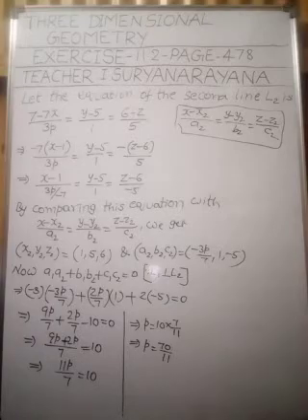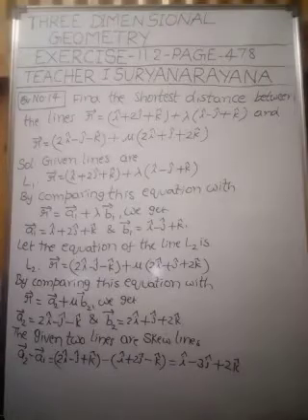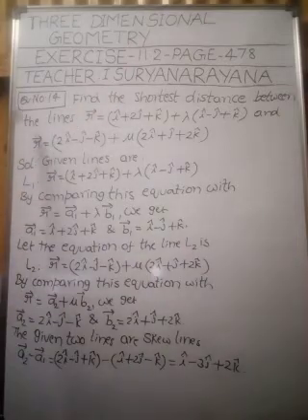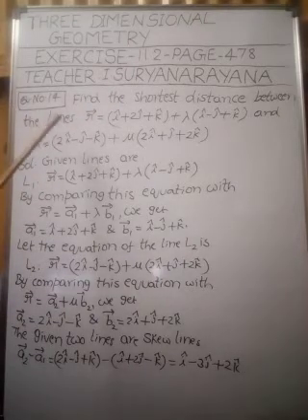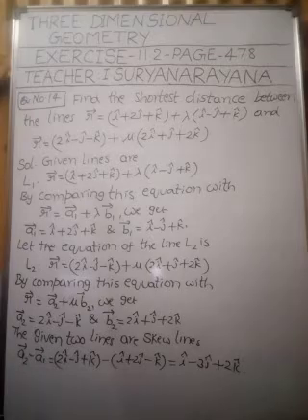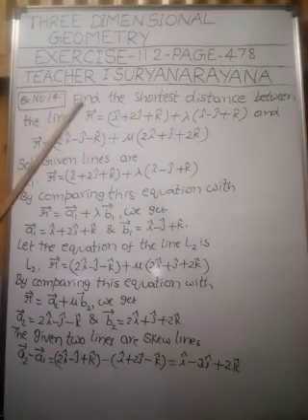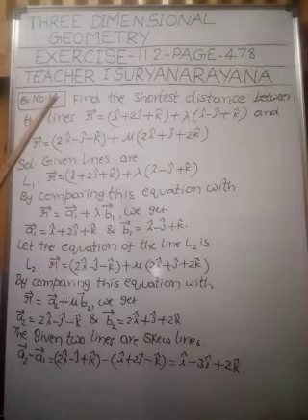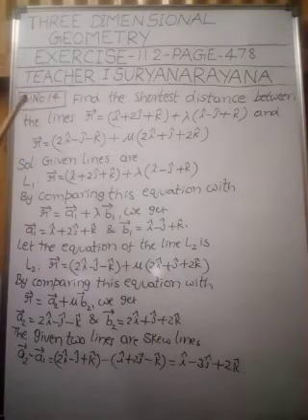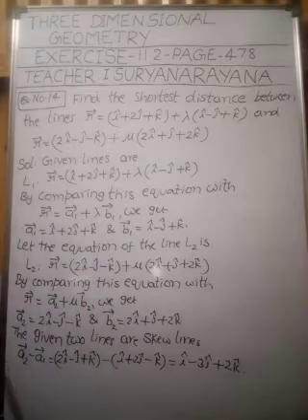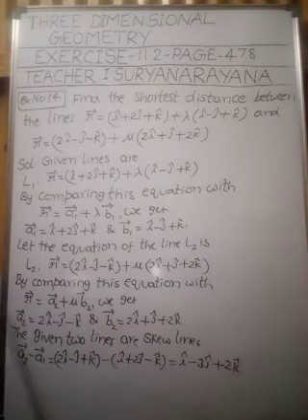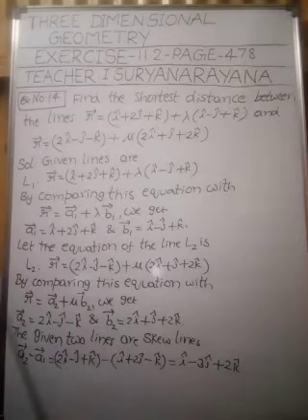Understood? Now come to question number 14. I am not explaining question number 13 because it is the same as question number 12. We just have to show that the two lines are perpendicular to each other, that is, show that a1 a2 plus b1 b2 plus c1 c2 is equal to 0.